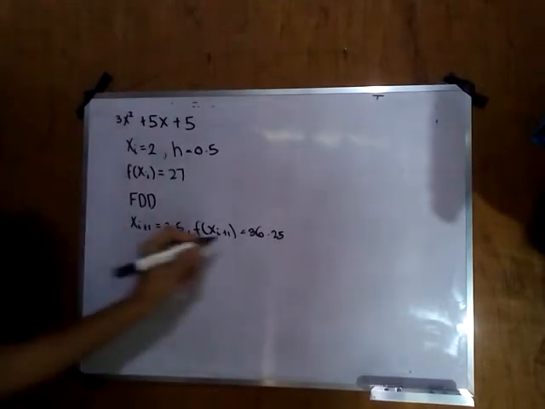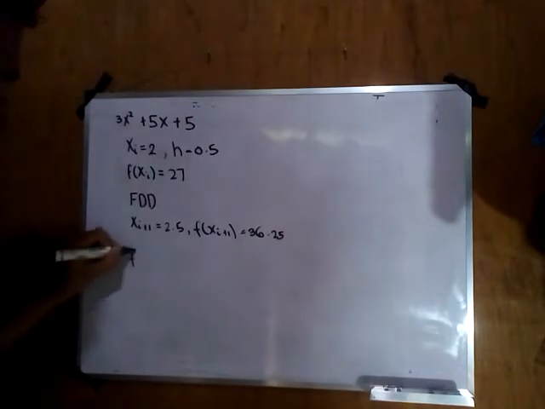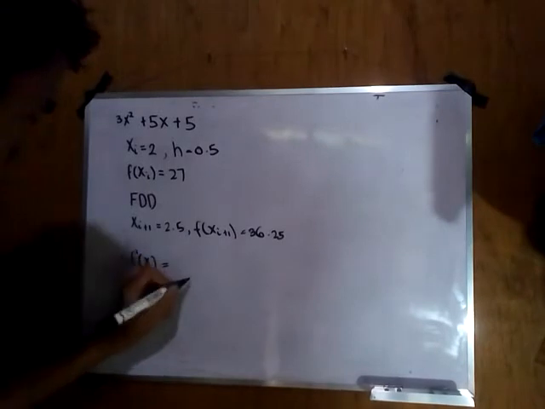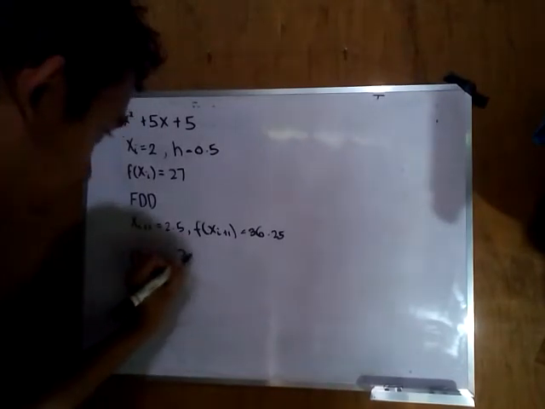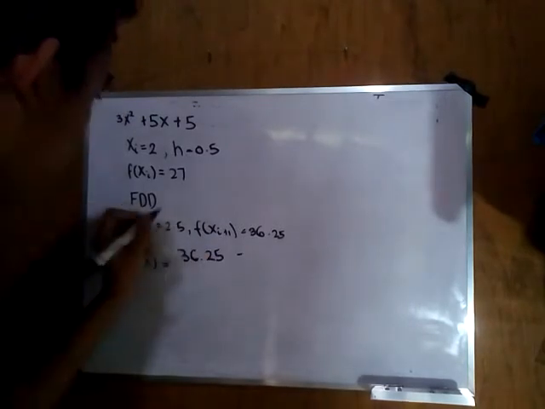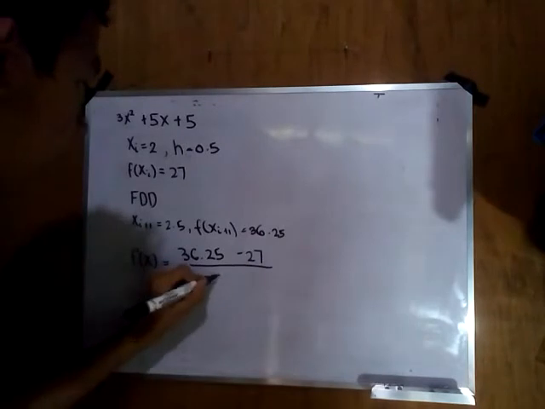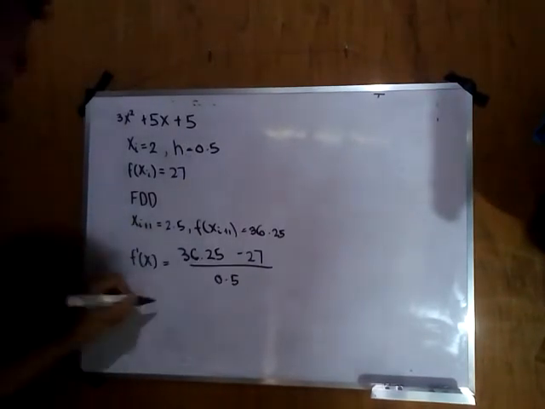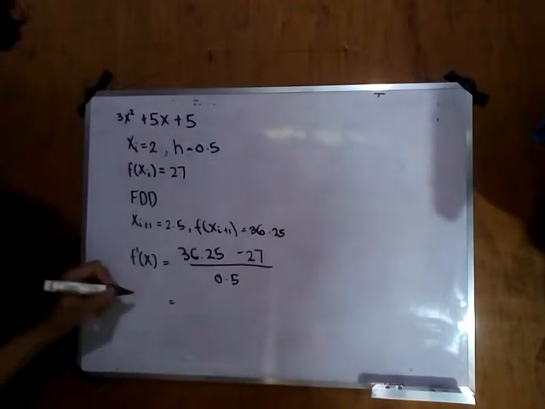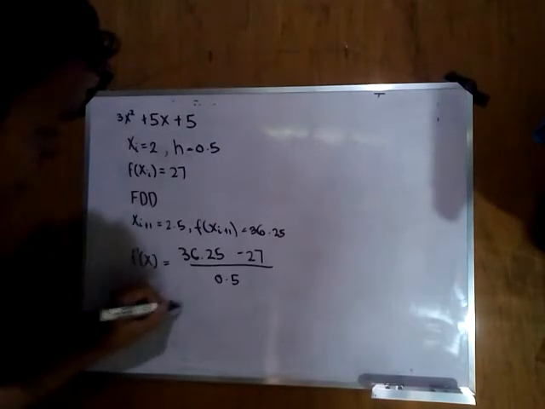So substituting this value to the formula, we have f prime of x is equal to 36.25 minus 27, all over 0.5, and we have a value of 18.5.